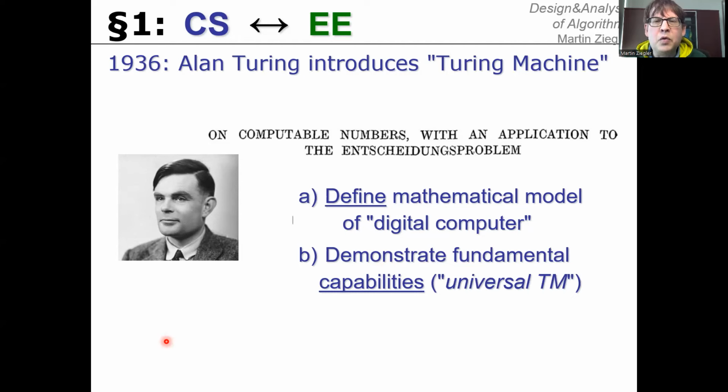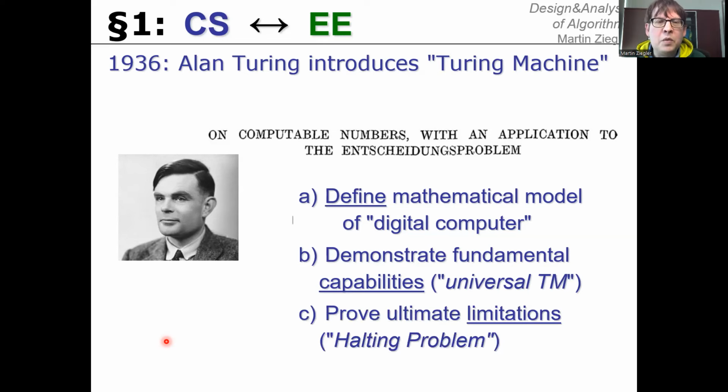For example, he constructed what we nowadays would call a universal Turing machine, a Turing machine that is able to simulate any other given Turing machine. Furthermore, he proved ultimate limitations of this Turing machine. Namely, he proved that what we nowadays call the halting problem cannot be decided by any of these machines.